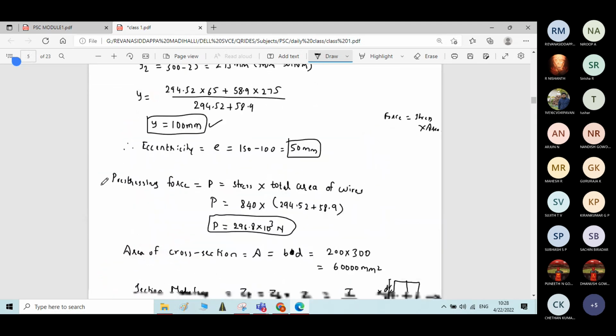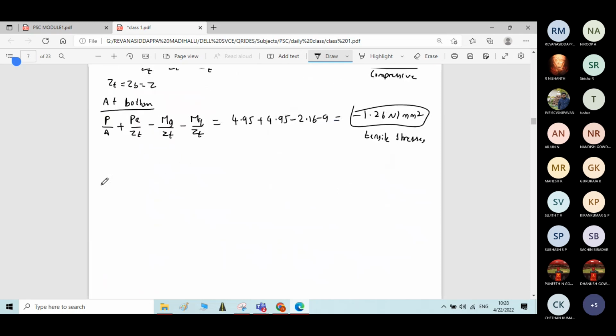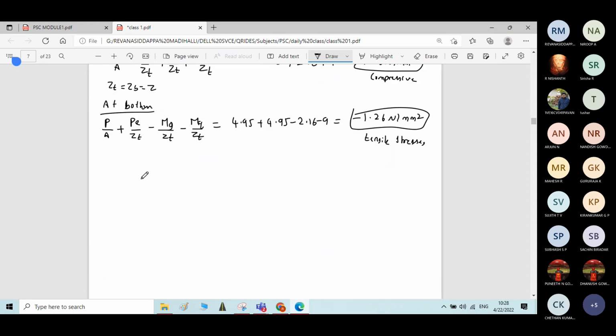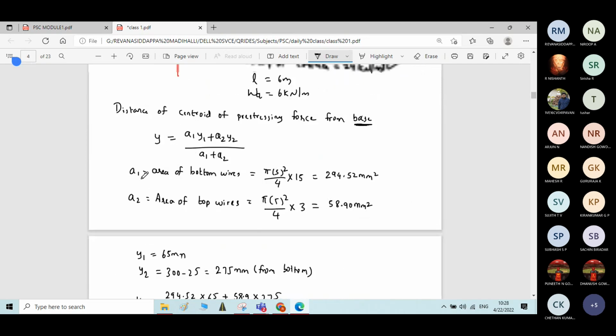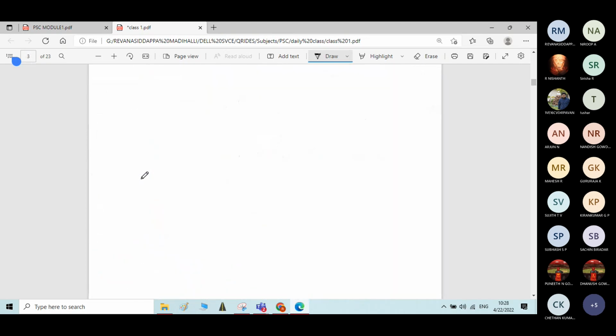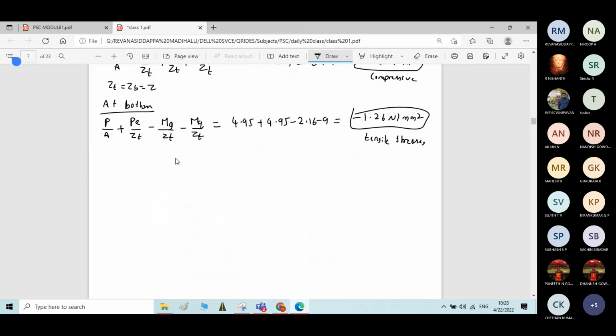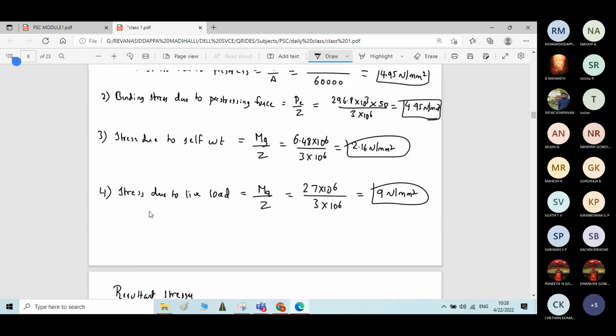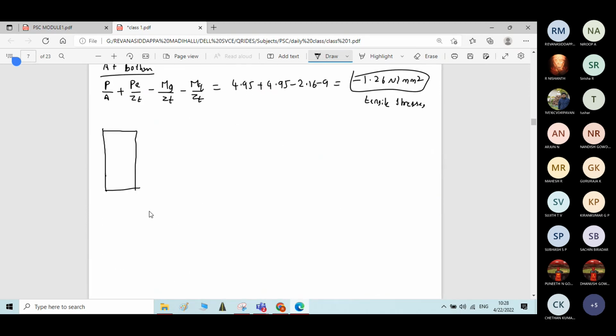Now you can write the final stress distribution diagram. The same diagram will come, whatever is written here. First is the direct stress due to the prestressing force. How much is it? It is 4.95, with a plus sign on both sides.